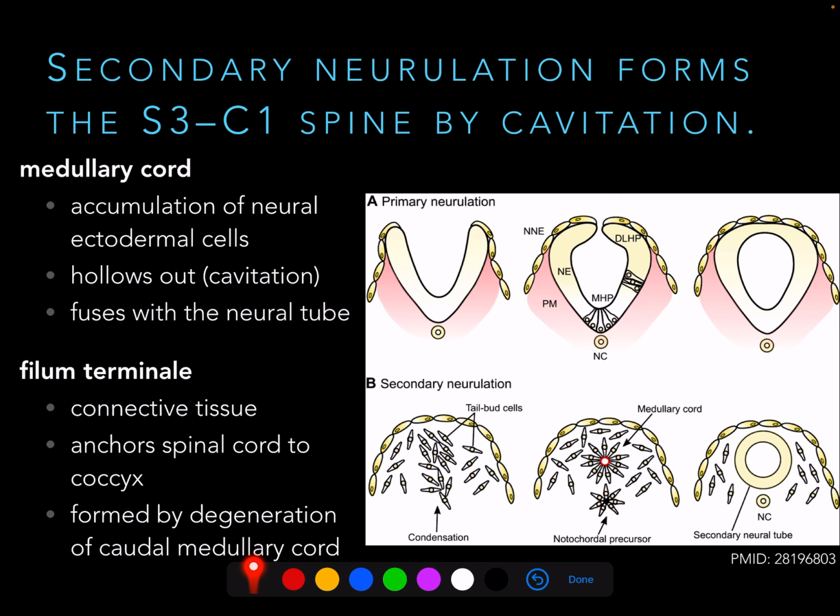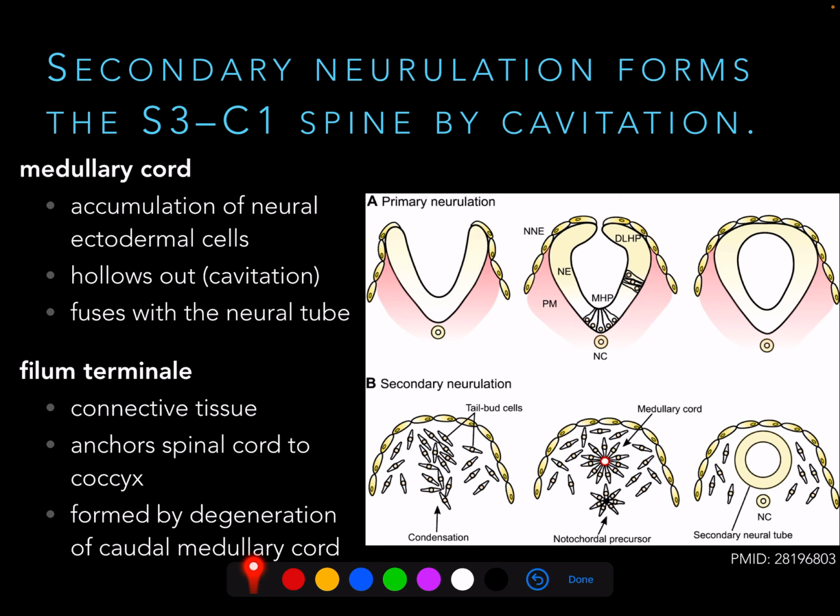Our nervous tissue doesn't grow at the same rate as our skeletal tissue. So as we go through development, the spinal cord seems to ascend upward. Rather than being down here at the bottom, it kind of creeps upward into the lumbar spine. It doesn't actually ascend. The thing is, the spine just keeps growing.